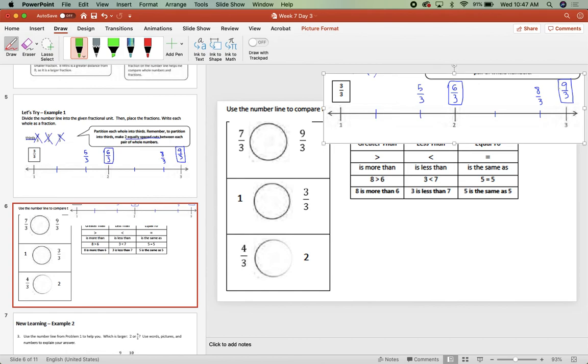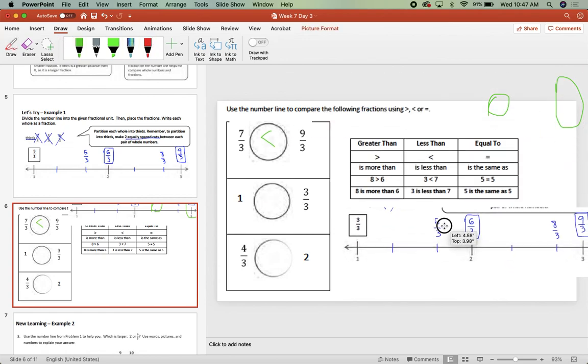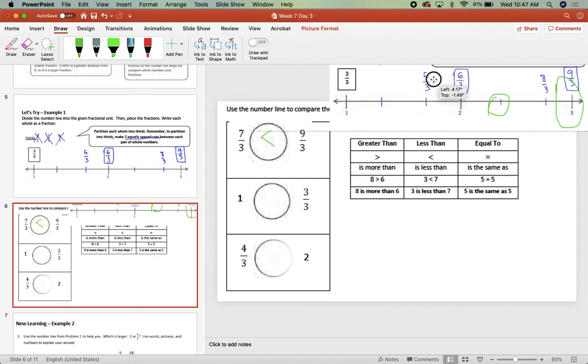It's right here. 7/3 would be right here. 7/3 is closer to 1, which would be closer to 0. So 9/3 is greater than 7/3. Okay.